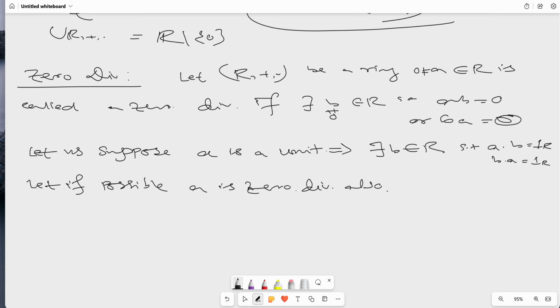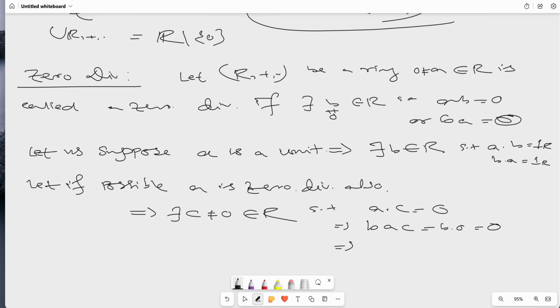Suppose A is a unit. So first of all I have assumed, I am assuming that A is also a zero divisor. Let's see what happens. This means that there exists C which is non-zero inside R, such that A dot C is equal to 0. You multiply by B. B A C is B into 0, which is 0.